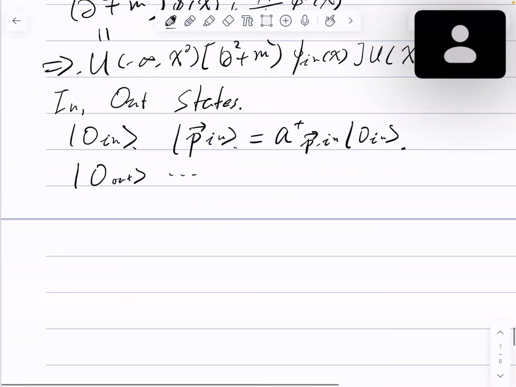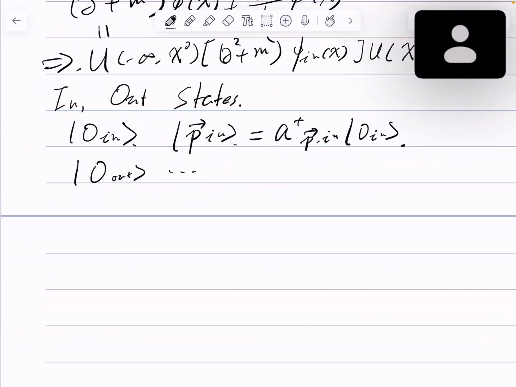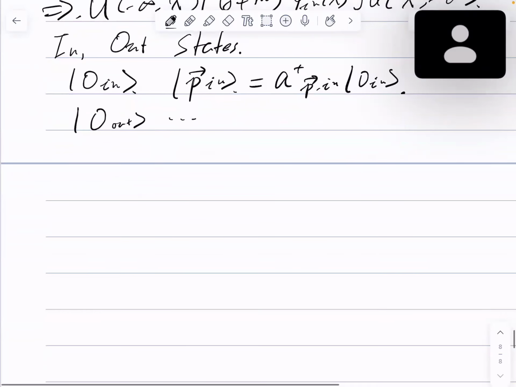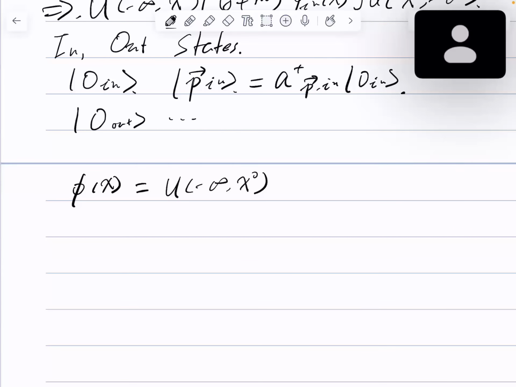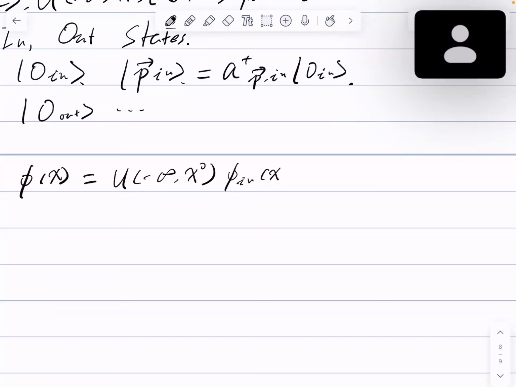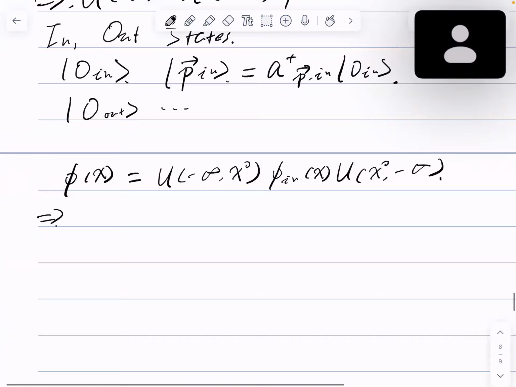And using the time evolution for phi, we have just obtained phi x to u infinity 0 phi in x u x0 minus infinity. We can easily obtain the relation between a out and a in.